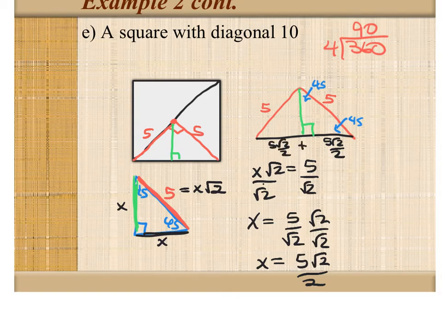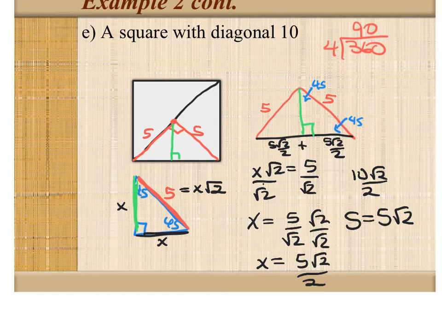So when I add them to get the side of my square, the side of my square is going to be 10 square root 2 over 2. I can simplify this. So the side of my square is 5 square root 2. Now, my apothem was x.